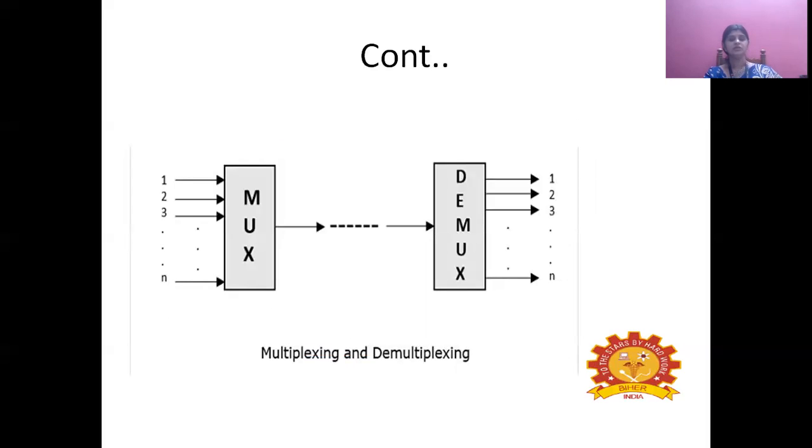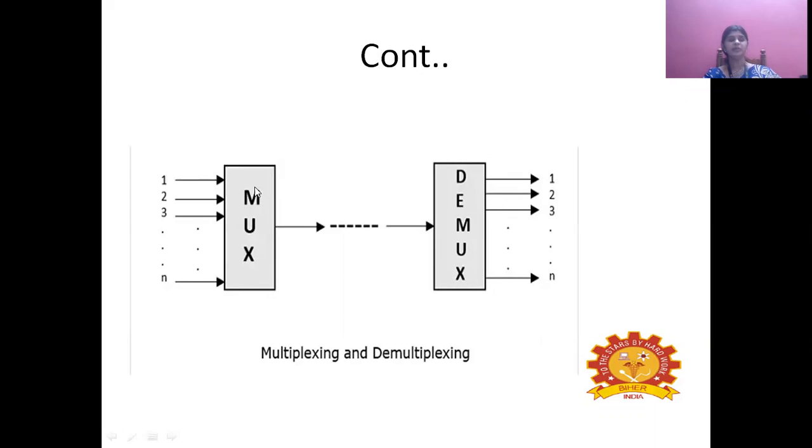This is the block diagram of multiplexing and demultiplexing. Here, due to the multiplexing technique, n number of signals can be transmitted through a single channel without any mixing. That is the technique of multiplexing. Here, n number of signals are given as input to the multiplexer.